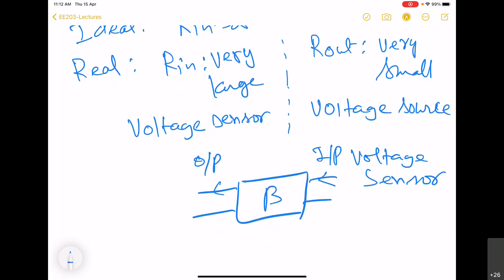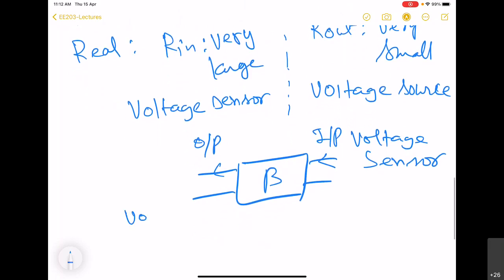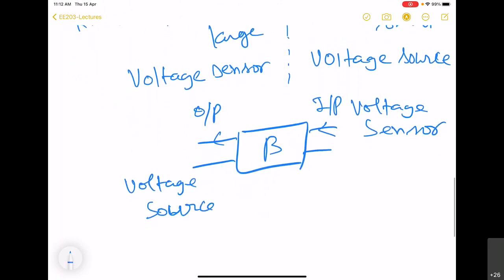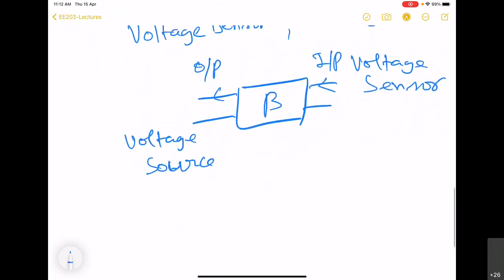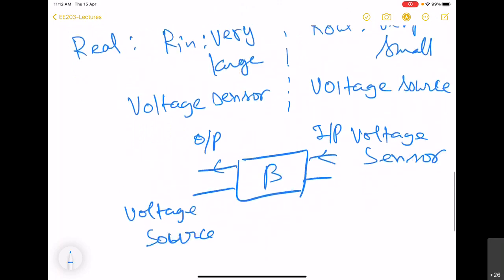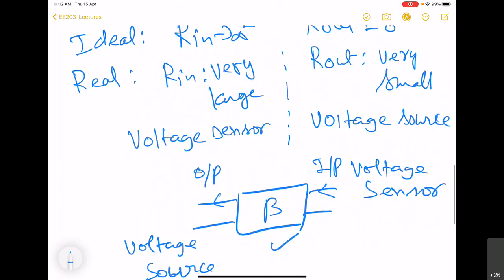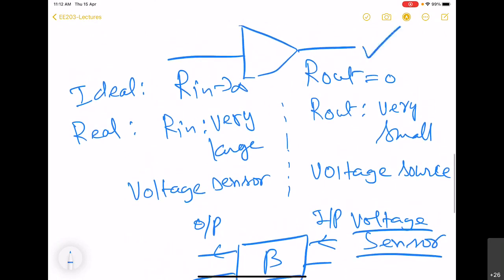On the output side, it will be a voltage source. Since this feedback is going to act like a sensor, it will sense voltage from this amplifier.